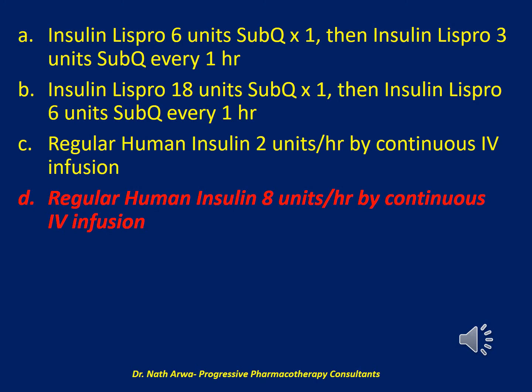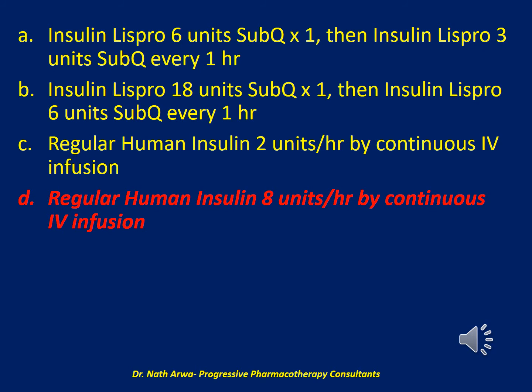This patient has DKA and weighs 60 kg. Therefore, the correct rate for the IV infusion is 8 units per hour, that is at a rate of 0.14 units per kilogram per hour multiplied by 60 kilograms.